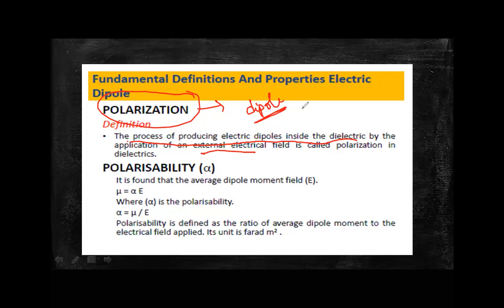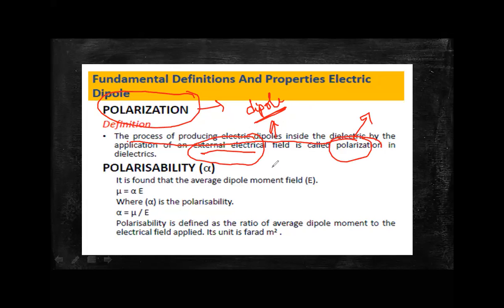When you apply the electric field. So it is a process of producing the electric dipoles by the application of the electric field is called polarization.